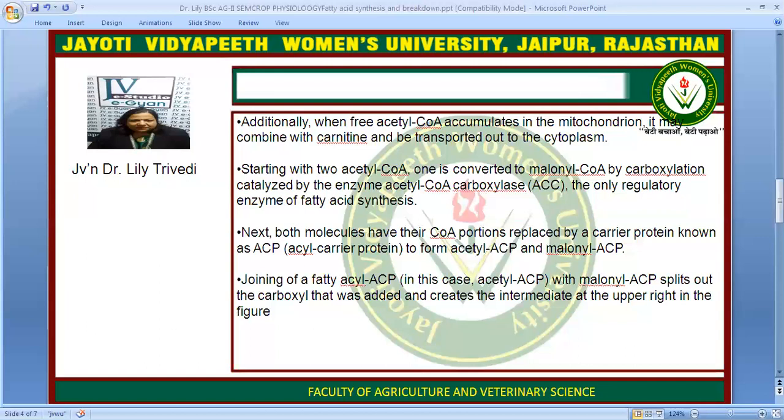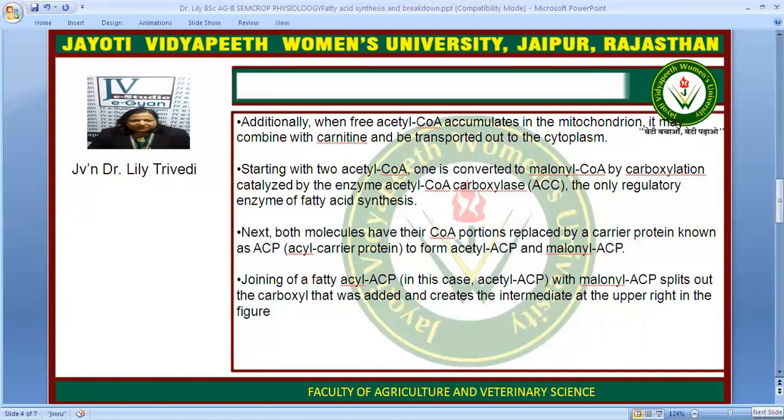So joining of fatty acyl ACP, in this case I'm using the short form ACP for acyl carrier protein, the acetyl ACP with malonyl ACP splits out the carboxyl which was added and creates the intermediate at the upper right.